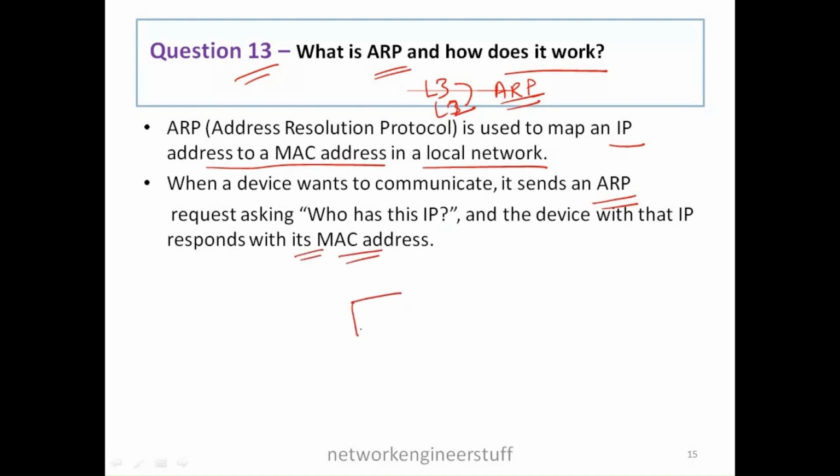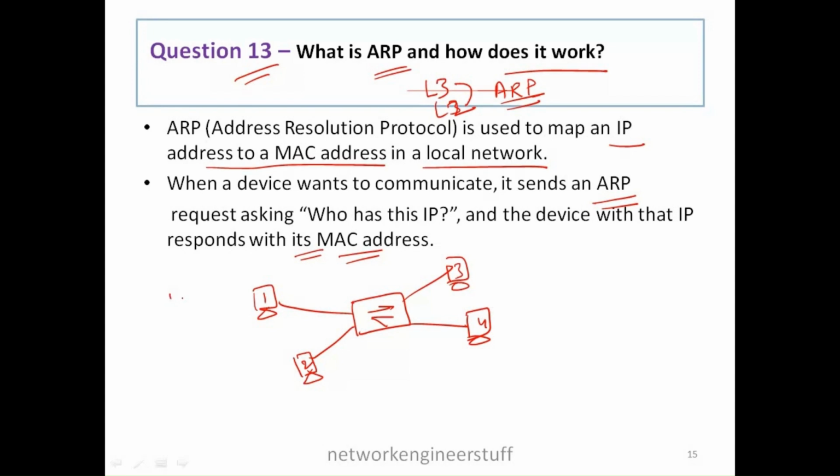So let's say we have a switch. Of course, in interviews you can draw such small topologies to explain your answers. Here we have a few hosts, 1, 2, 3 and 4.